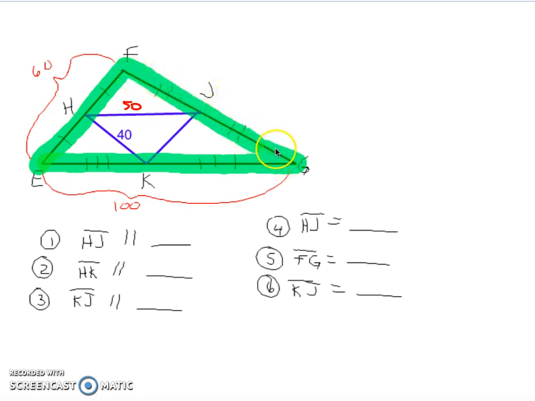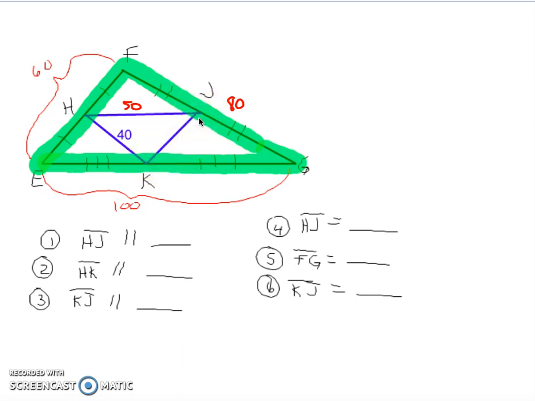FG is the long side now. If you look at its midsegment, it's 40. So if I double 40, that gives me 80. So we could write 80 there. And KJ is here.